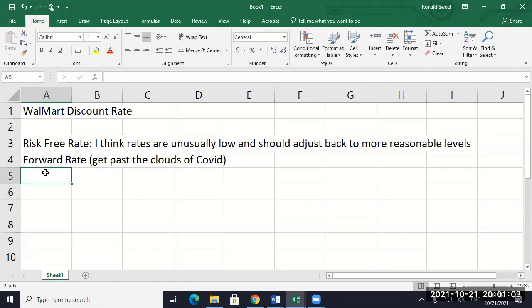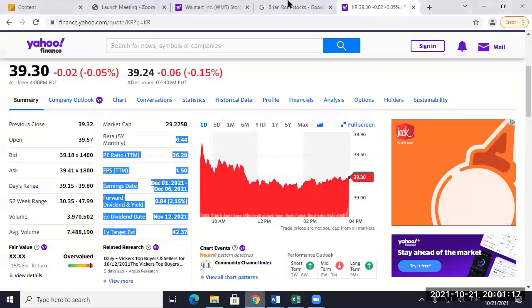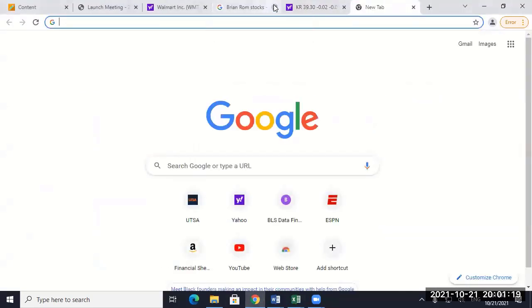I don't know what those are, but let's say the 15-year is 1.8%. Let's say the 5-year is, I have no idea, my word, I never think about the 5-year anymore.